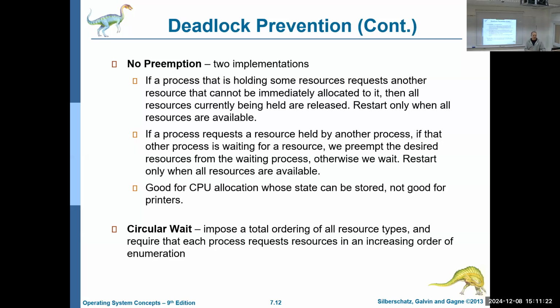You're in the middle of printing, and now I'm going to preempt you. So now I'm going to print, and when I finish, I'll give you back the printer. But you were in the middle of one line, you printed one letter, and then you got stopped, and now how do you restart the whole print job? You can't really. It's going to be complicated. You can't just pick up where you left off, because the document will look messed up. You have to rip the pages in different ways. So it's not such a good solution for printers, for example.